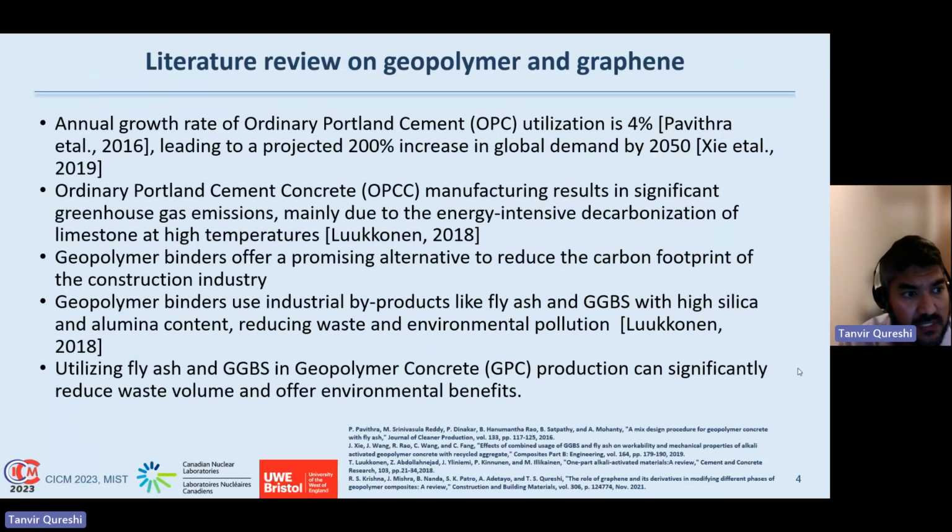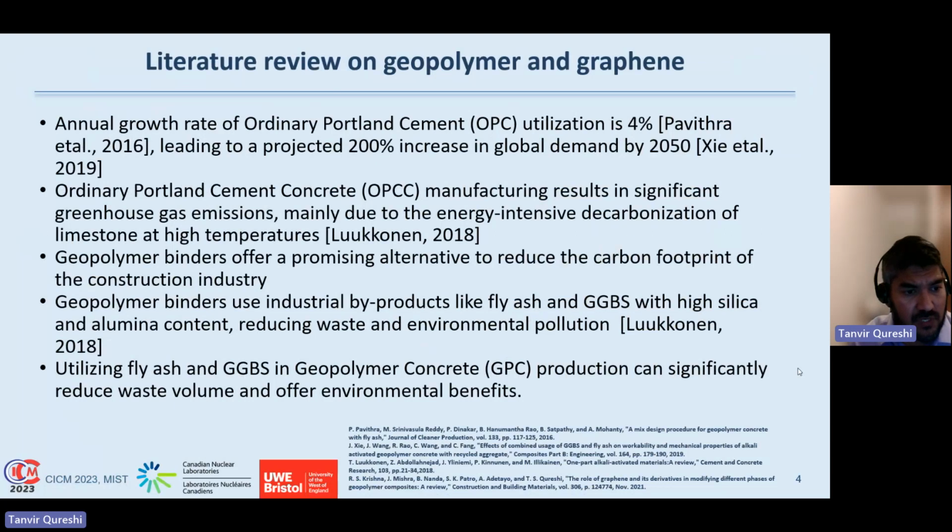However, ordinary Portland cement and the concrete produced from it result in a significant amount of greenhouse gas emissions, mainly because of the energy-intensive decarbonization of the limestone during cement production. Geopolymer binders offer a promising alternative to reduce the carbon footprint of the construction industry.